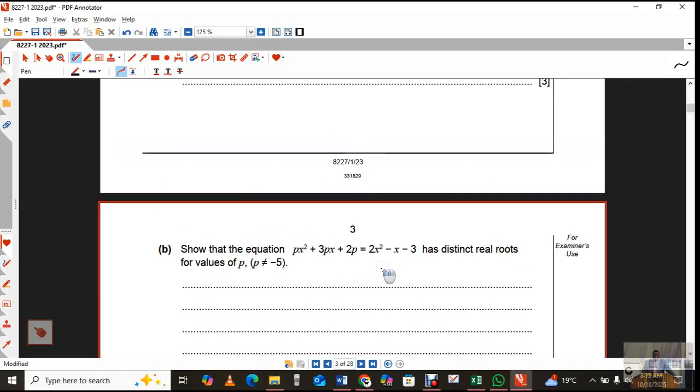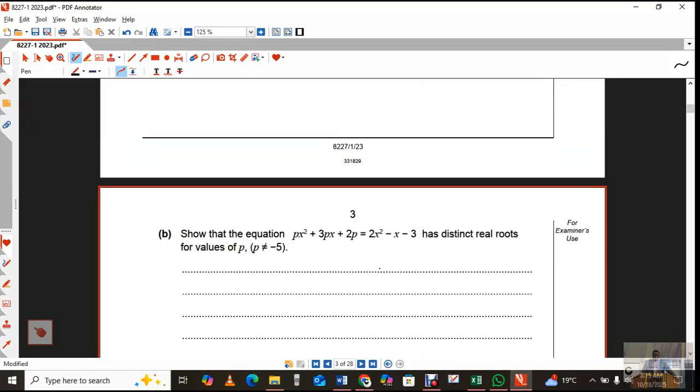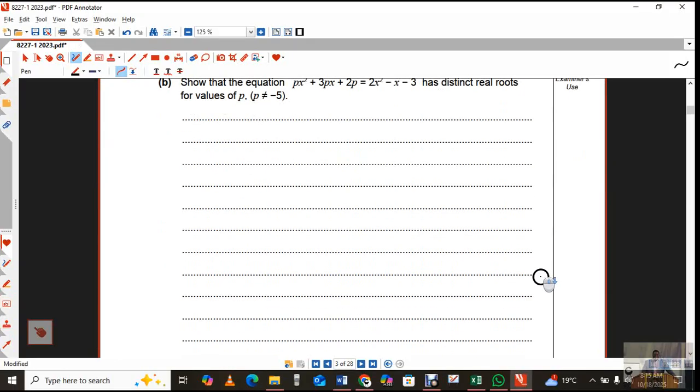If you look at what we expect to get, this is the discriminant, which is b squared minus 4ac. It should be greater than 0. It's one of the concepts that we are going to show, and this is a question with 4 marks.